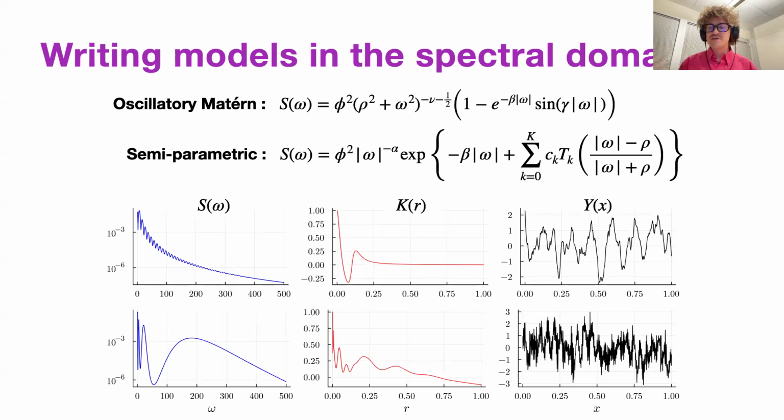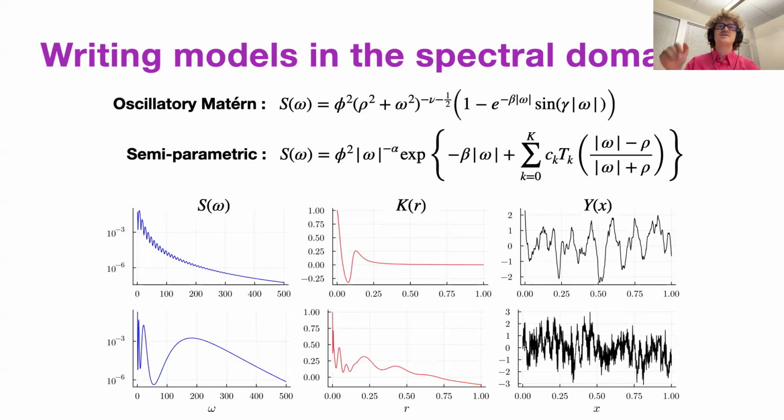After we put together these pieces, we can walk through the modeling paradigm that we set out at the beginning, which is I propose some spectral model that captures some relevant phenomena in data. In the first line, we have this oscillatory Matern kernel, which is the popular Matern spectral density, this first term, multiplied by this one minus oscillatory term.